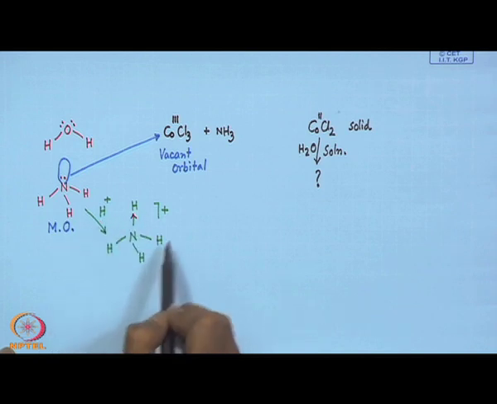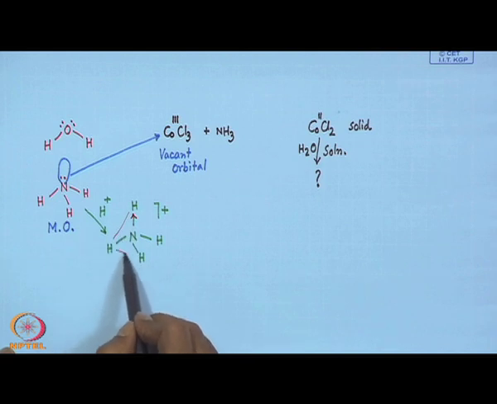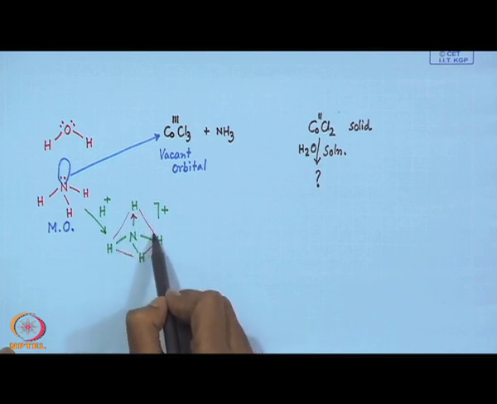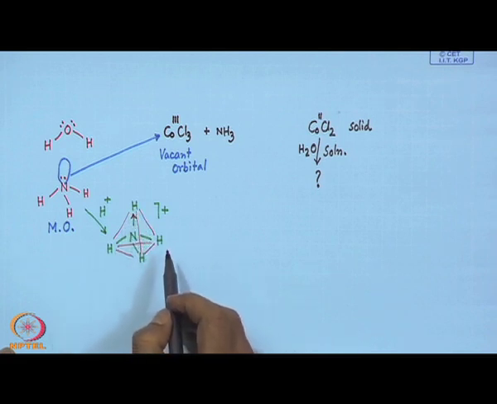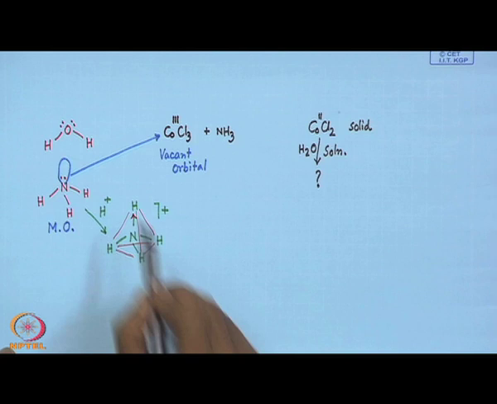So, all these 4 are indistinguishable. In this tetrahedral ammonium molecule, what we see is that a new bond is forming.